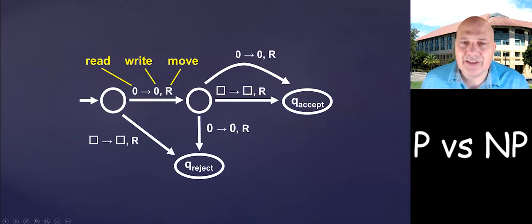We will accept the string 0, 0. And although we have a reject path for it, we also have an accept path for it. And we will also accept the string 0. So you can go with 0 here, and then read the empty string and move here. And that's essentially it. For no other string do you have any path, let alone an accepting path. And the empty string, of course, is rejected here.